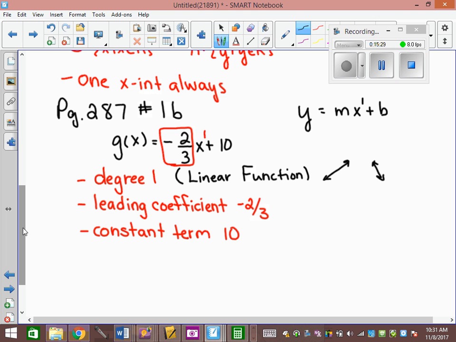The next thing is the leading coefficient is negative 2/3. Why do we care about the leading coefficient? What does it tell us? The direction, how it ends on the right. So the 2/3, does that tell me anything about how it ends on the right? No. The sign does.